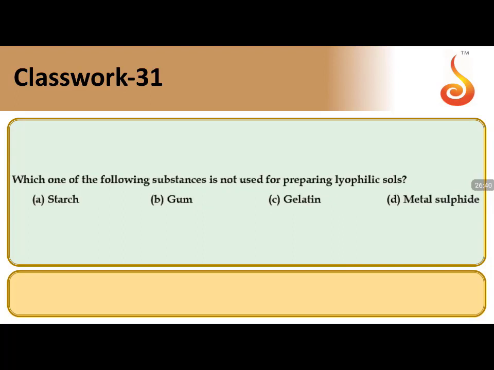Coming to question number 31. Which one of the following substances is not used for preparing lyophilic sols? Very simple question. When I use the word lyophilic, children, it is very easy to understand. If it is an organic compound, lyophilic; if it is an inorganic compound, lyophobic. This is the simple way I told you to remember.